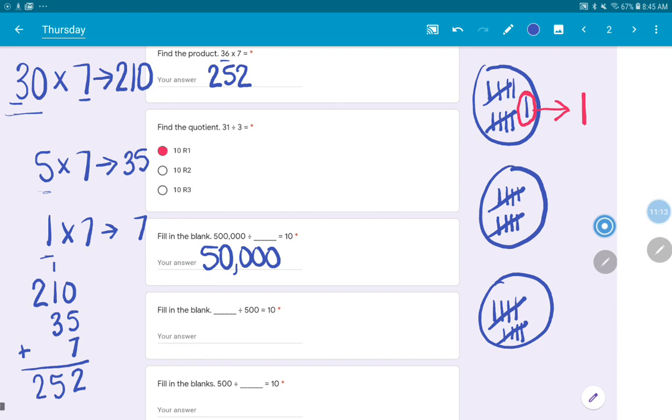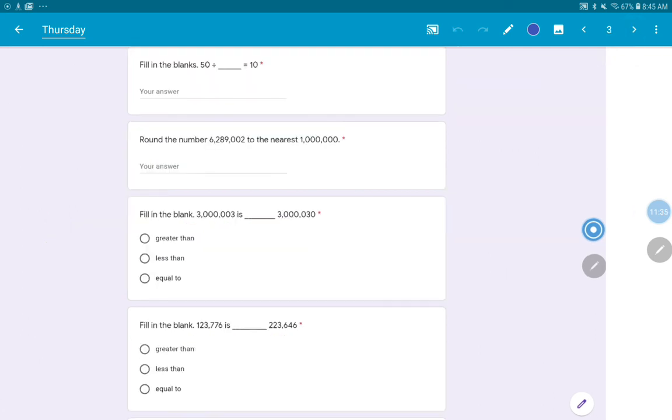Caden? 5,000. 500 divided by what equals 10? Brayley? 50. 500 divided by 50 equals 10. And then 50 divided by 10 equals what, Caden? 5. Very good. Y'all are on a roll with those.